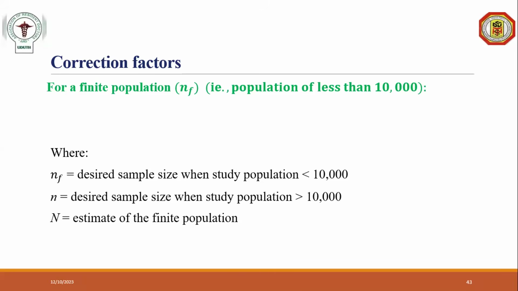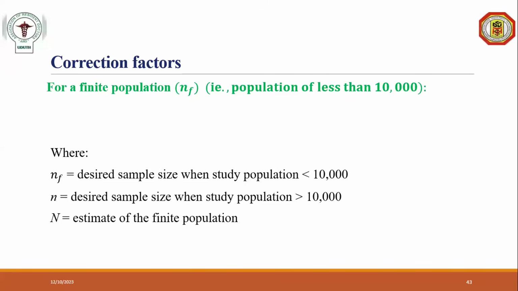So if in your previous formula you calculated 300, then your small n will be equal to 300, so it will be 300 all over 1 plus 300 divided by capital N. Your capital N is the size of the population you are going to select from.